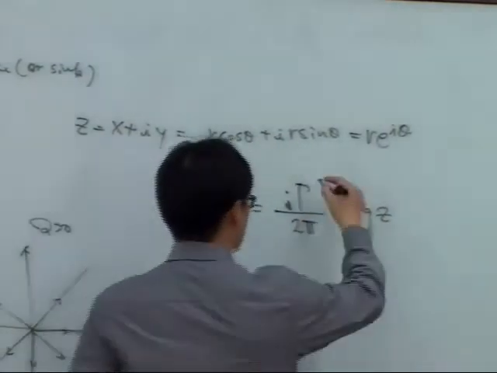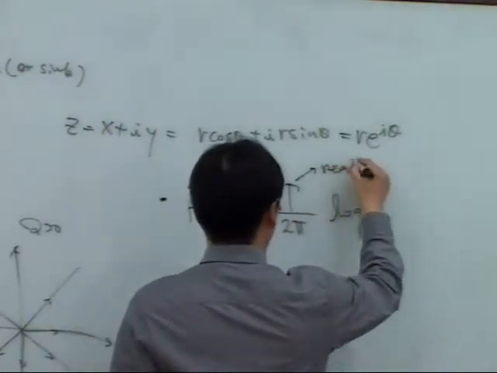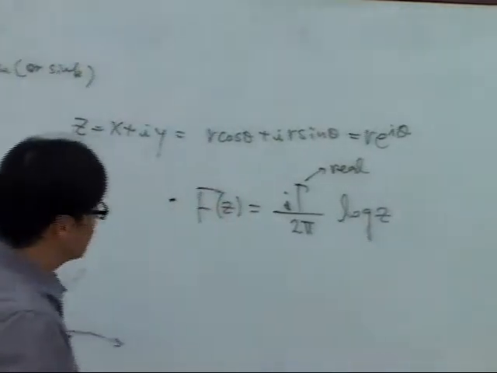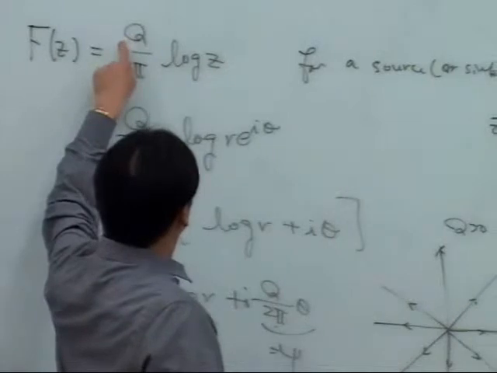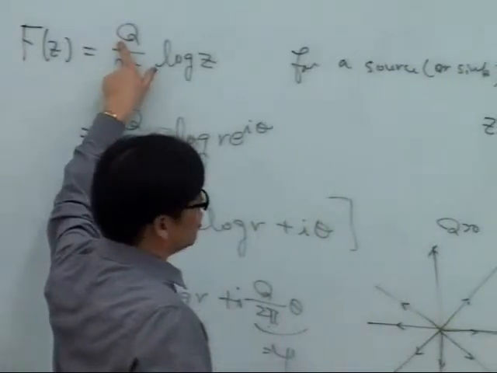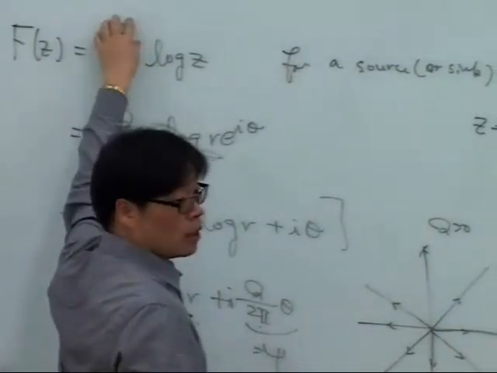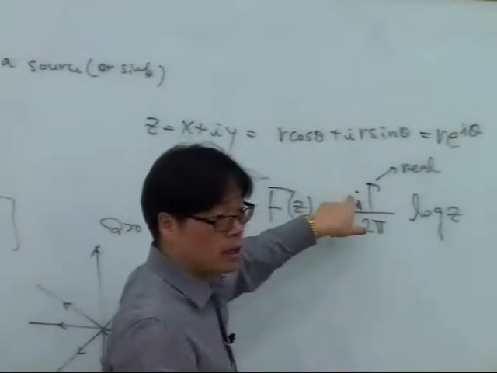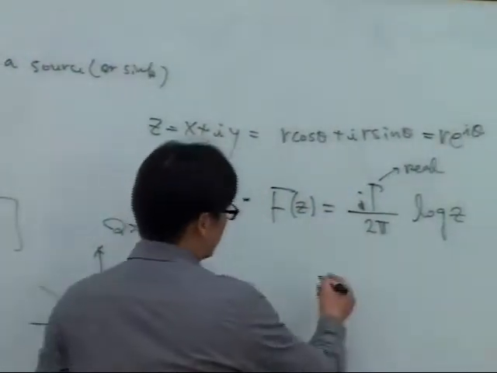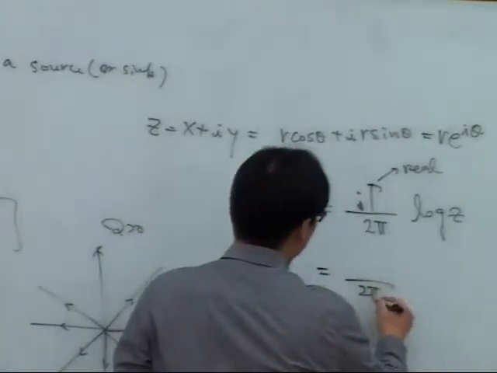So here gamma is real. All I did is change Q, a real strength, to a purely imaginary strength. Okay. Then we can go through exactly the same thing.